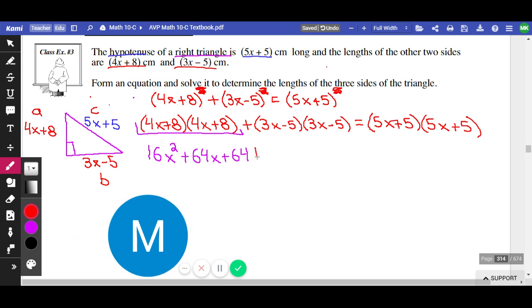Plus, I'm going to do it again. So now I've got this guy, 3x minus 5 times 3x minus 5. If I multiply those together, and I combine like terms, I'm going to get 9x squared, then negative 30x, and then plus 25.